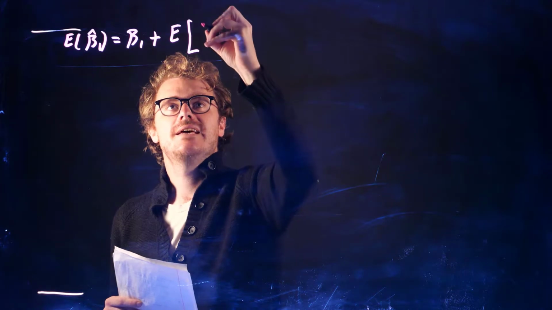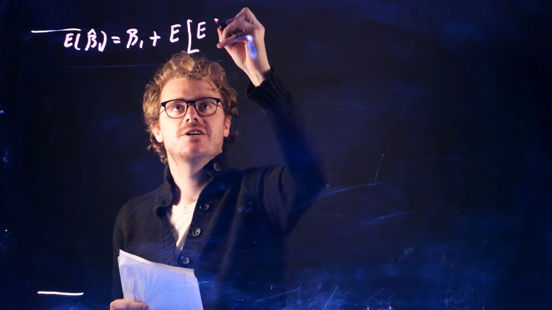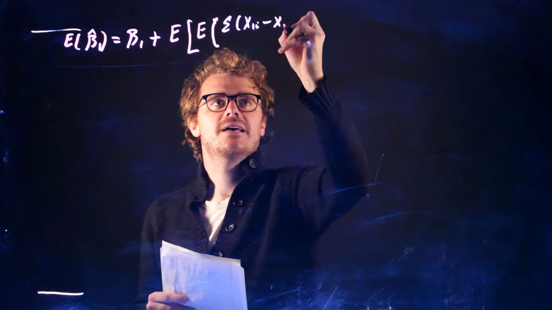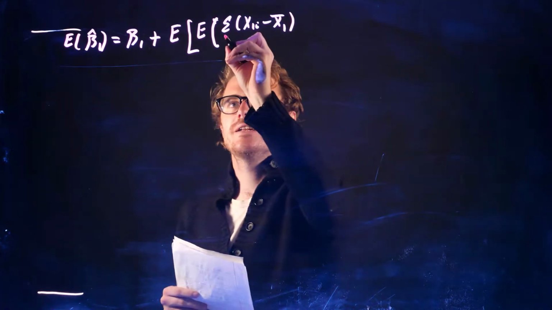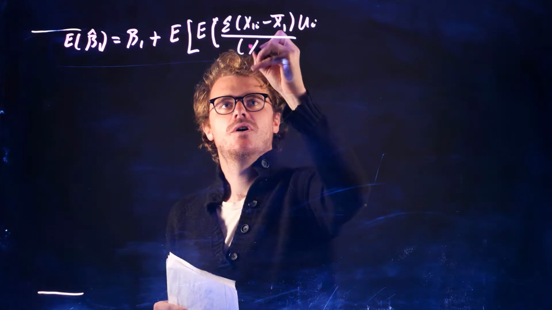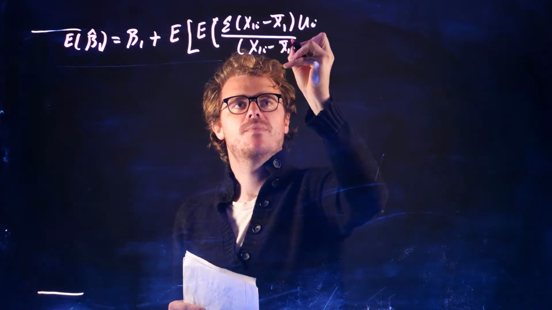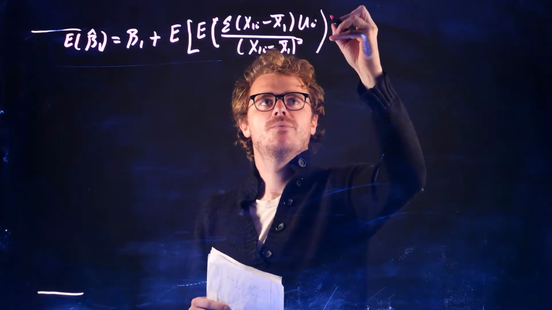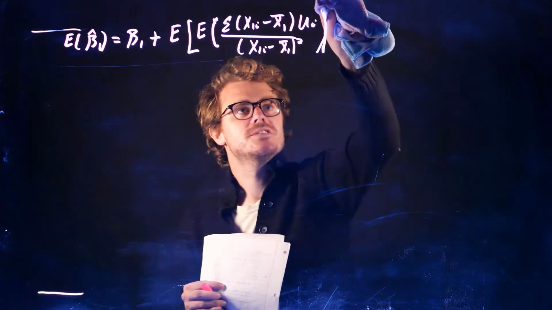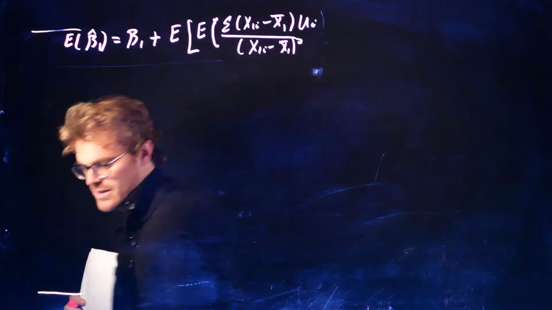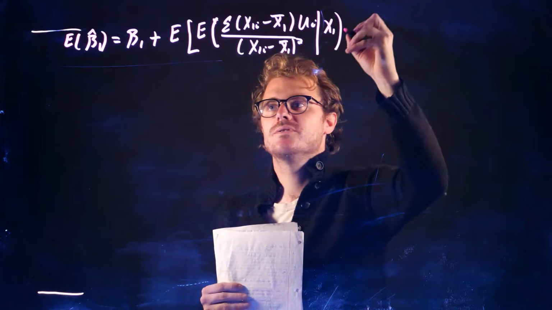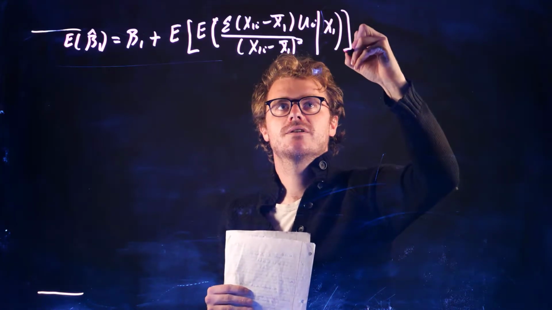We have the expectation of the expectation of the sum of (x1i minus x1 bar) ui over the sum of (x1i minus x1 bar) squared, and we're taking that second expectation with respect to x1.